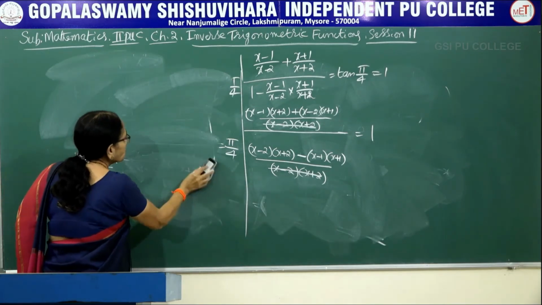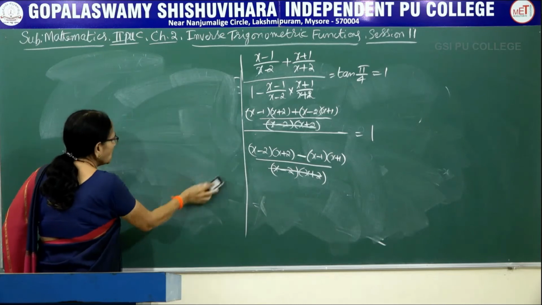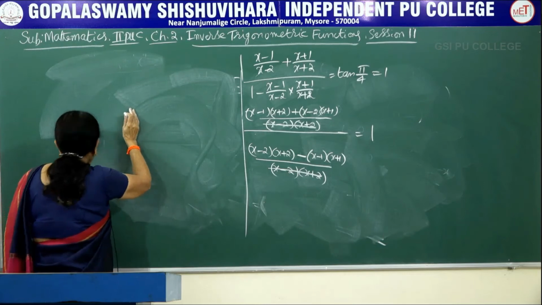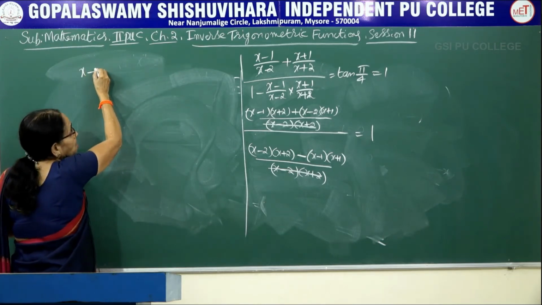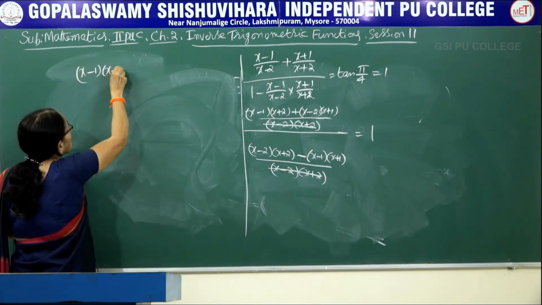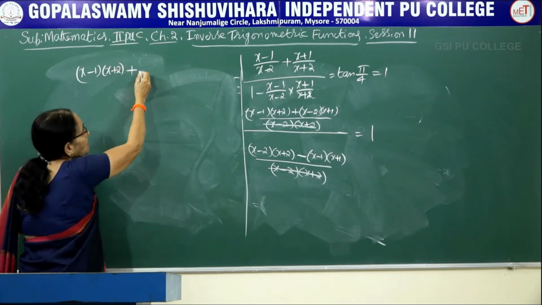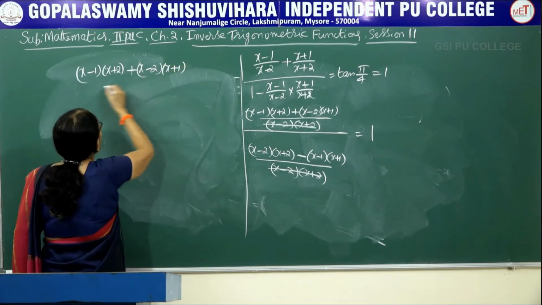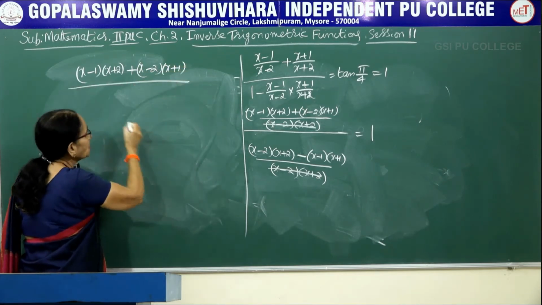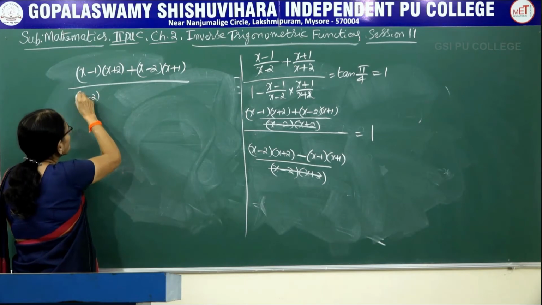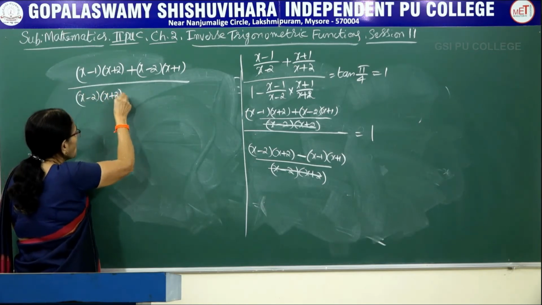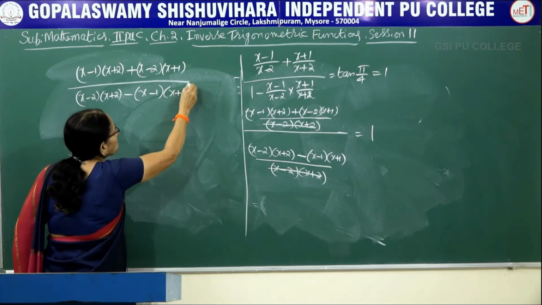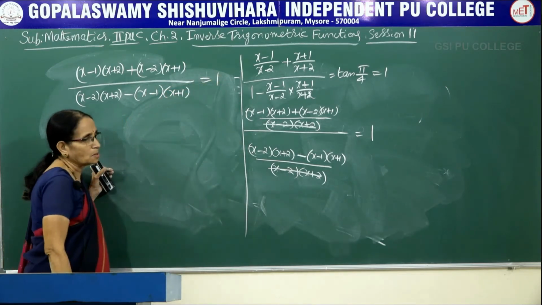After cancellation of the LCM of both the numerator and denominator, let me rewrite the remaining terms. It is (x − 1)(x + 2) + (x − 2)(x + 1), whole thing divided by (x − 2)(x + 2) − (x − 1)(x + 1), equal to 1.